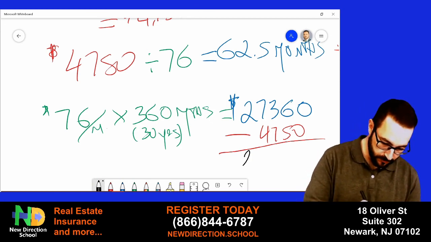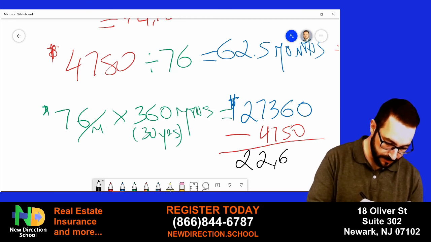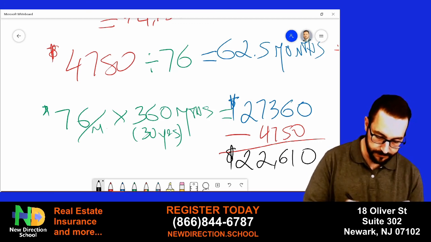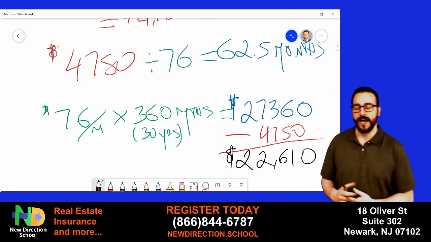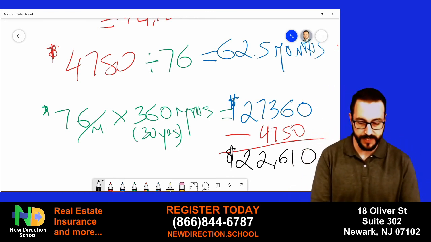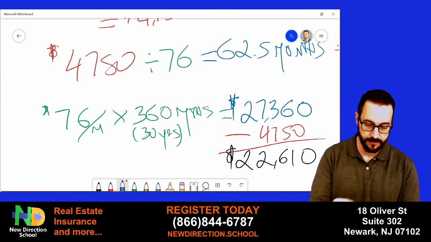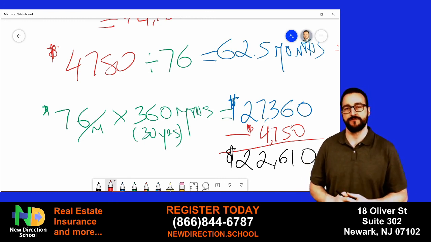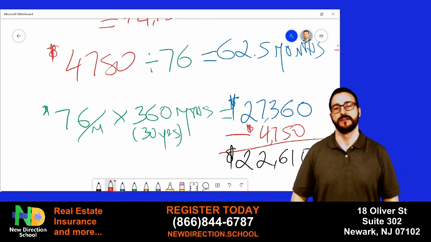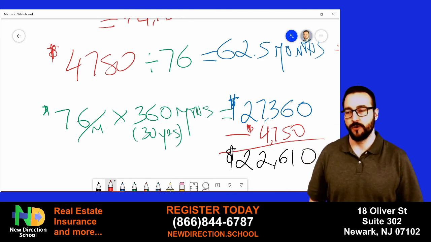You saved 22,610. You guys got it? So this is what happened. You saved money. You saved a bunch of money by putting 1 point up front. That 0.25% for the lifetime of the loan, guys, is what made it all worth it.